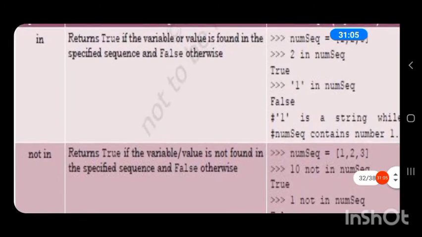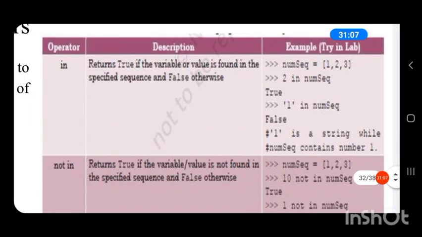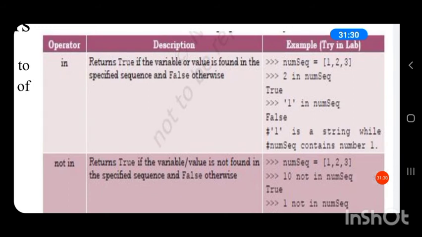Sorry, it is not L, it is 1, and don't misunderstand this, because this 1 is a string, as it is enclosed in single quotes. So '1' in num_seq: 1 is present in the list, but it is in the form of an integer. So the in operator will return false because it doesn't find any string '1' in the list.